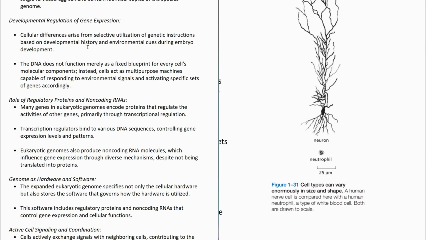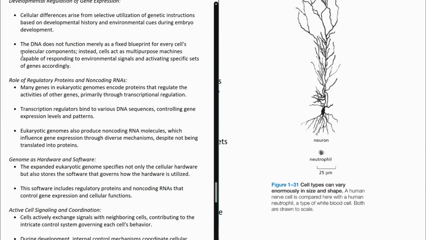Developmental history and environmental cues, as the single cell grows after fertilization during embryonic development, have certain switches turning off and on, leading to different pattern formation. So DNA does not function as a fixed 0 100 blueprint for every single cell.